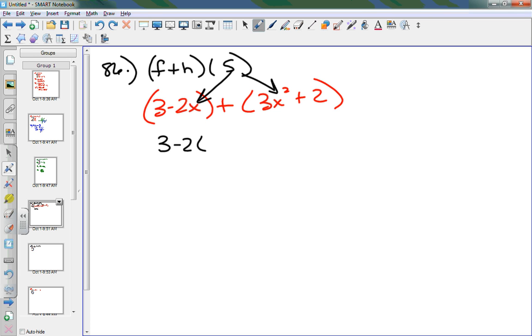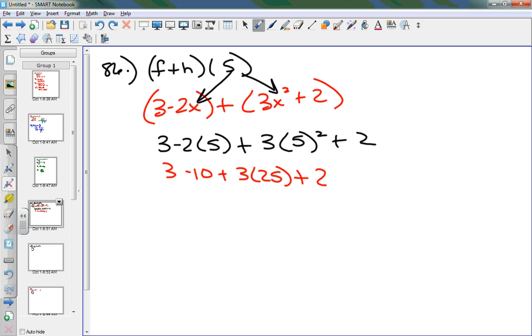So that's 3 minus 2 times 5, dropping the parentheses because I'm not distributing, plus 3 times 5 squared plus 2. And that's 3 minus 10 plus 3 times 25 plus 2. So that's going to give me negative 7 plus 75 plus 2. Correct? This gives me negative 5, to give you 72. Do we understand that, yay or nay?